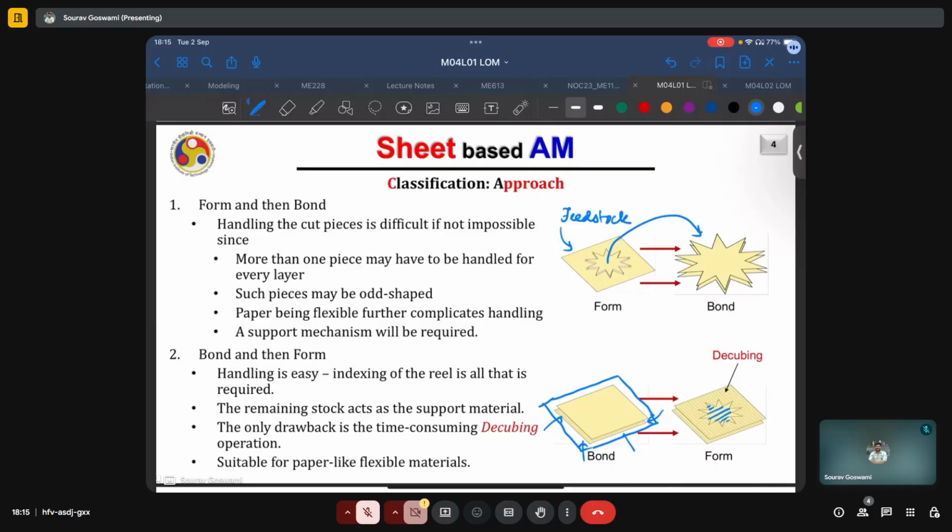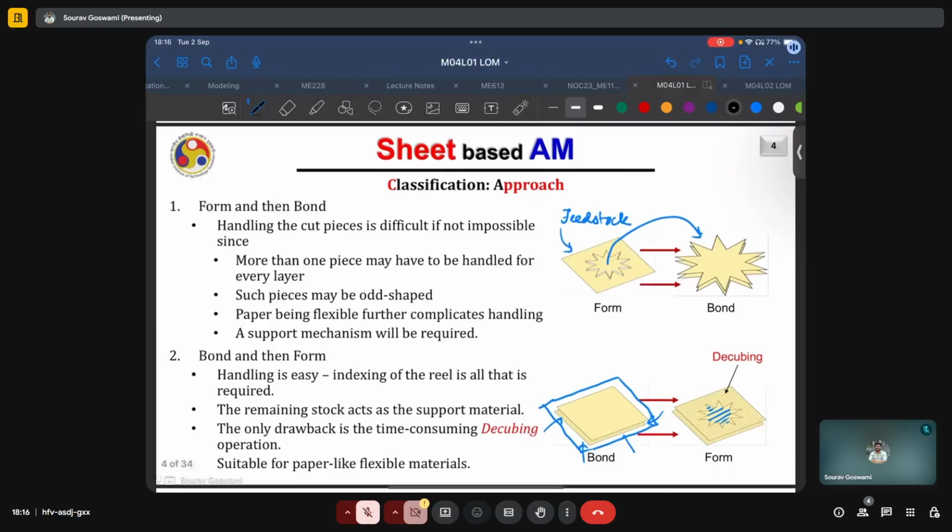In the form then bond approach, handling the cut pieces may be difficult because often the shapes are intricate. Again, per layer, there may be more than a single contour which has to be taken out. There may be additional contours in addition to the single one that is shown here. And handling multiple such contours per layer may be a challenging task.